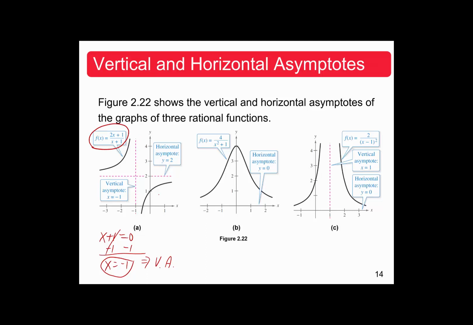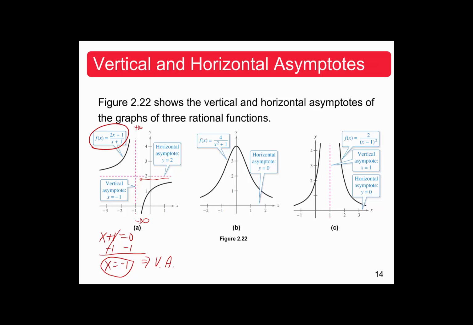As you can see, when the x value gets infinitely close to -1, the y value approaches positive infinity, right? This is positive infinity on top, and this is negative infinity on the bottom. Also, from the right, when the x value gets infinitely close to -1, then the y value approaches negative infinity. And this is a vertical asymptote.